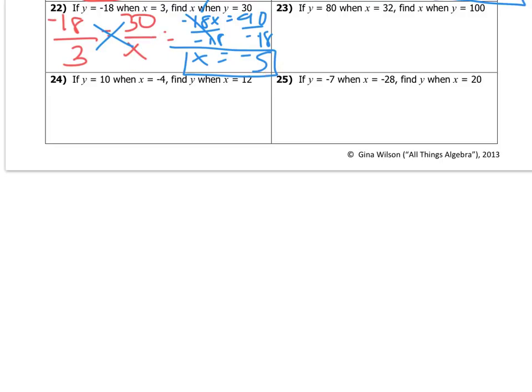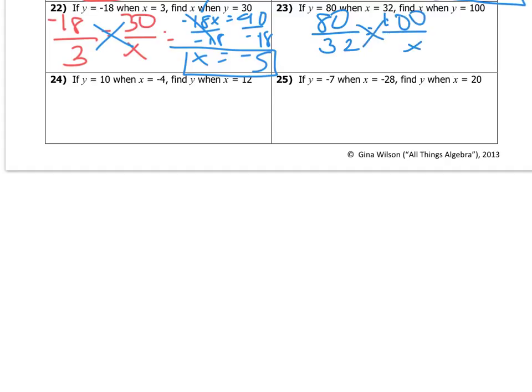Okay, let's scroll over here and do number 23. So if y is 80 over 32, it says find x when y is 100.